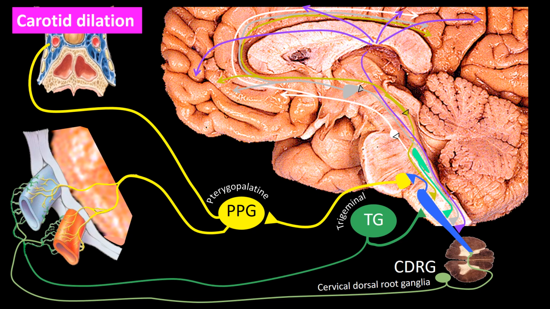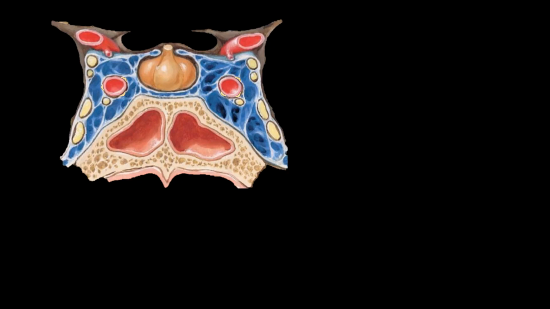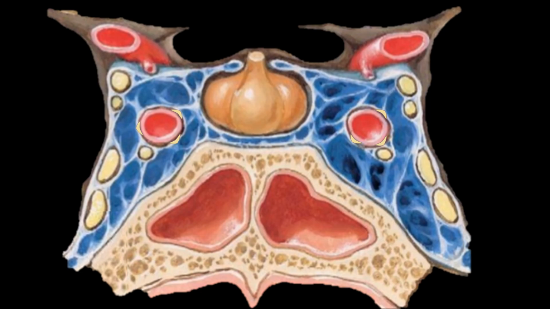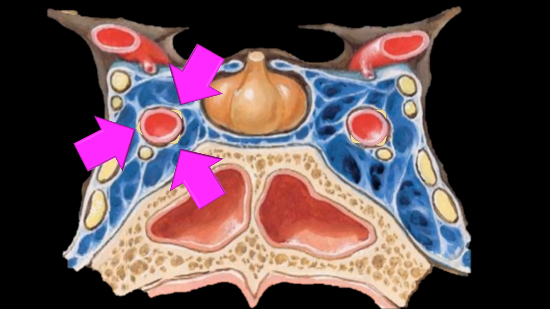carotid artery dilatation. I will now proceed to isolate, as I have done here, and enlarge by several magnitudes the cavernous sinus, as you can see, in order to bring you to this frame. I have done so we can better visualize the sympathetic plexus around the carotid artery.